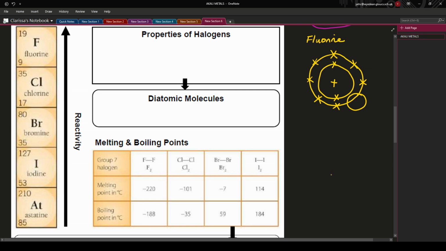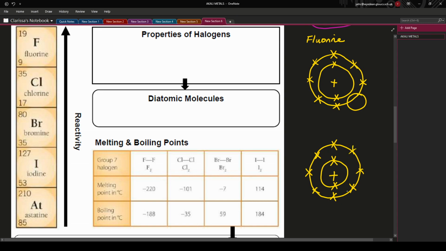I'll just do fluorine and chlorine for now. You'll understand the trend as we go down. You just add another shell. So chlorine has 17. So 2 electrons there. I have 15 electrons left to put down. 8 electrons on the second shell. 3, 4, 5, 6, 7, 8.